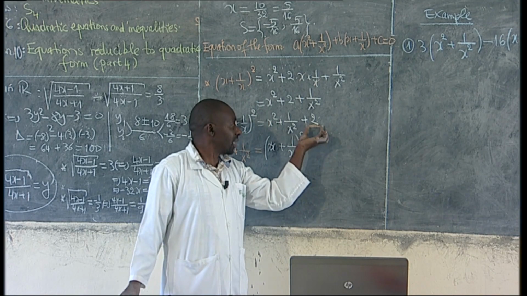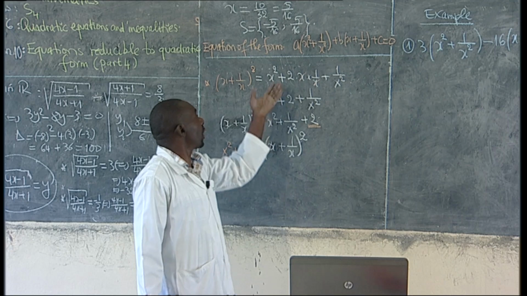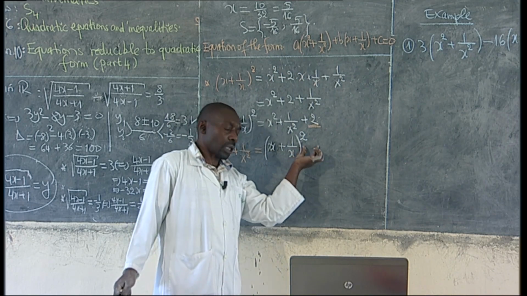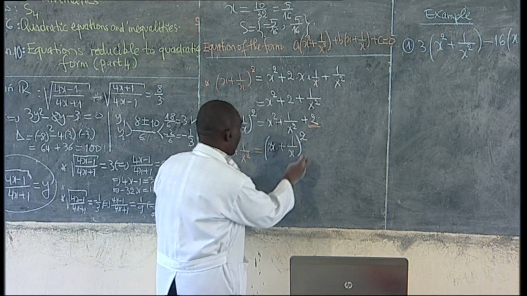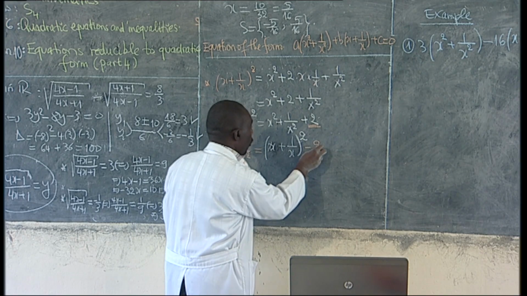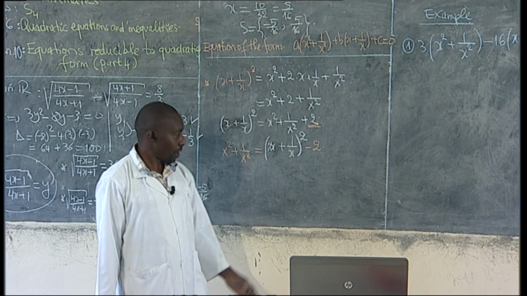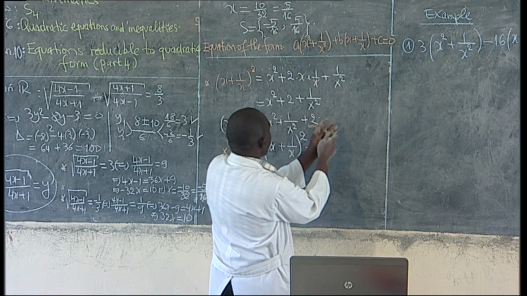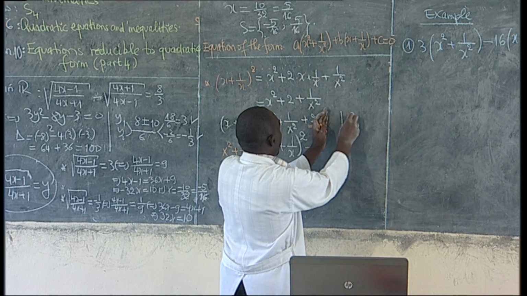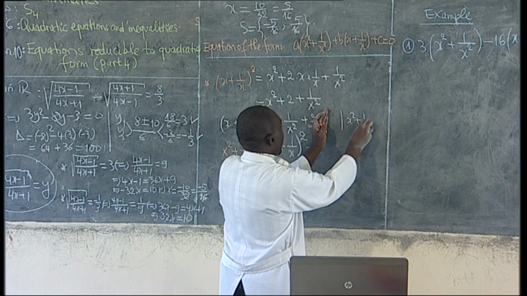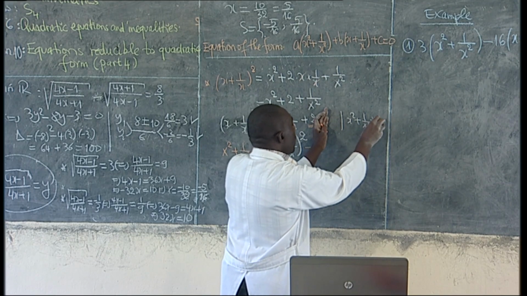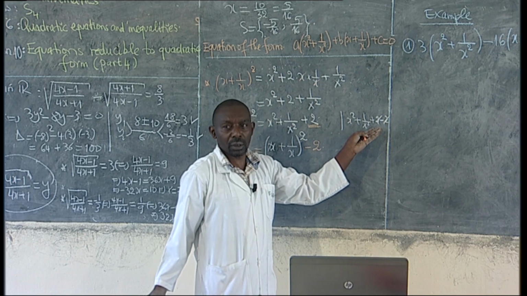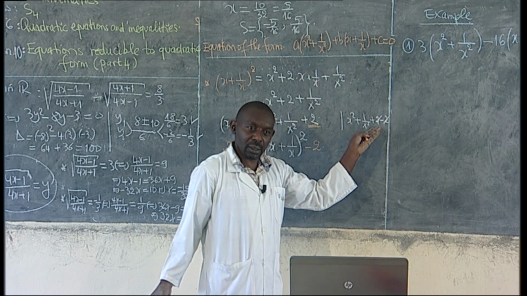So these 2 which is added, and it is not in our equation, must be subtracted from here. So I subtract 2, and for this, there is no change. Because if I try to expand this, I'll be having x squared plus 1 divided by x squared, then I add 2, then minus 2, I remain with x squared plus 1 divided by x squared. I hope it is clear.